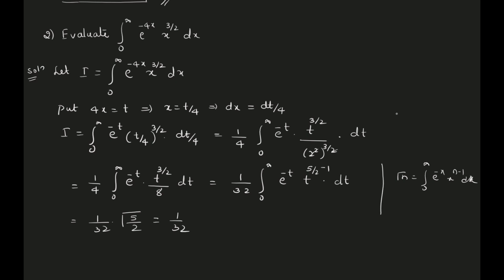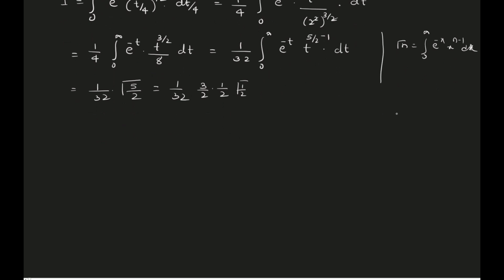1 by 32, gamma of 5 by 2 is what now? n minus 1 into gamma of n minus 1. So it is 3 by 2 into gamma of 3 by 2. Again, n minus 1 into gamma of n minus 1, so it is 1 by 2 into gamma of 1 by 2. So when you simplify, we used the property that gamma of n is n minus 1 into gamma of n minus 1.